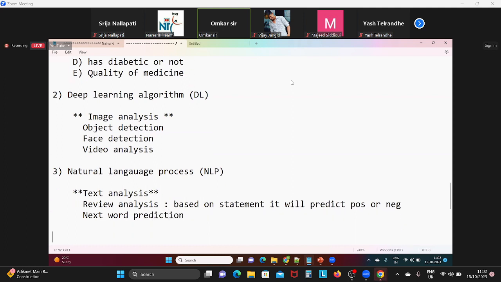Suppose in Gmail, when you write something like 'for your', automatically a reference will come. You try it today. That is called next word prediction. And also image captioning.